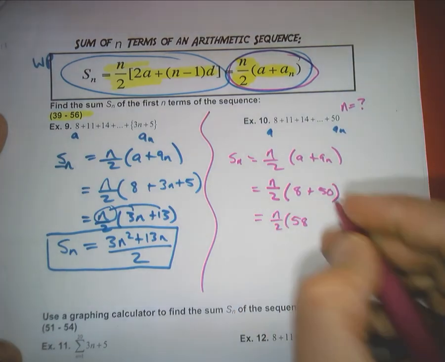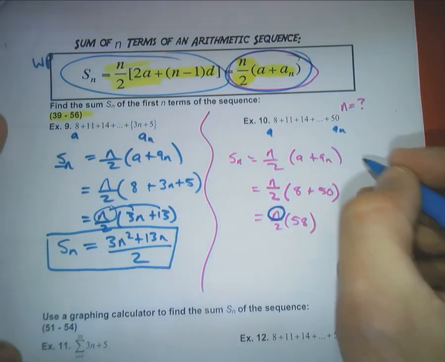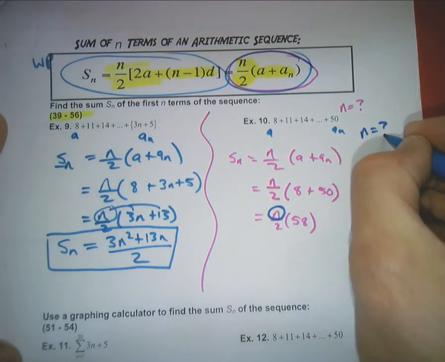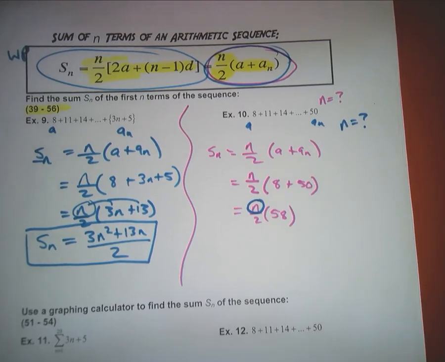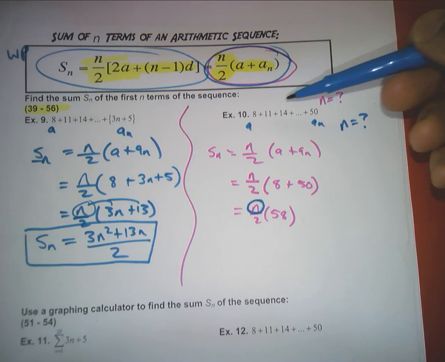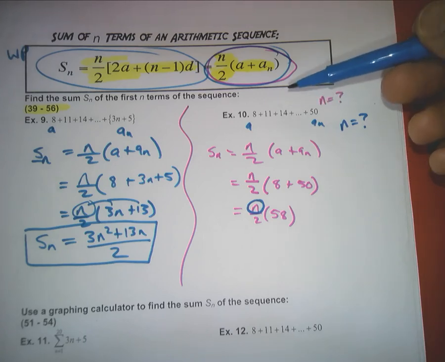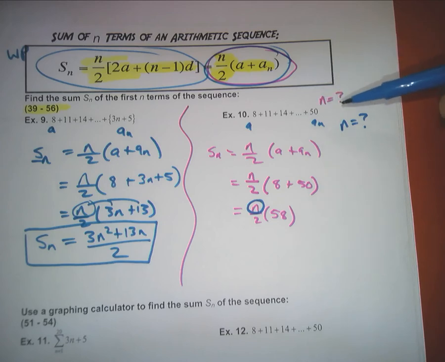The problem I have now is I don't know what term this is. I don't know n. So I have to either look at my sequence and figure out how much I'm going up by and what term that is, so keep on adding, in this case, 3 every time to see how long it takes me to get up to 50.